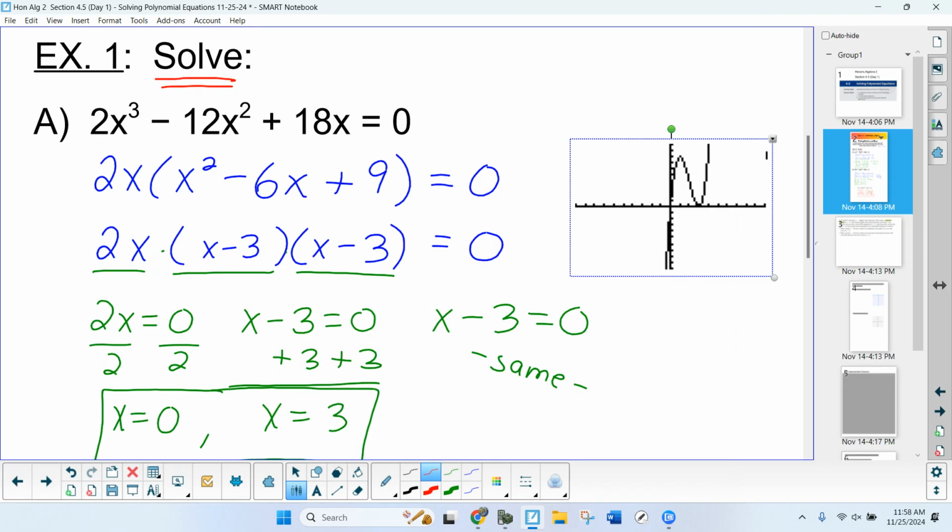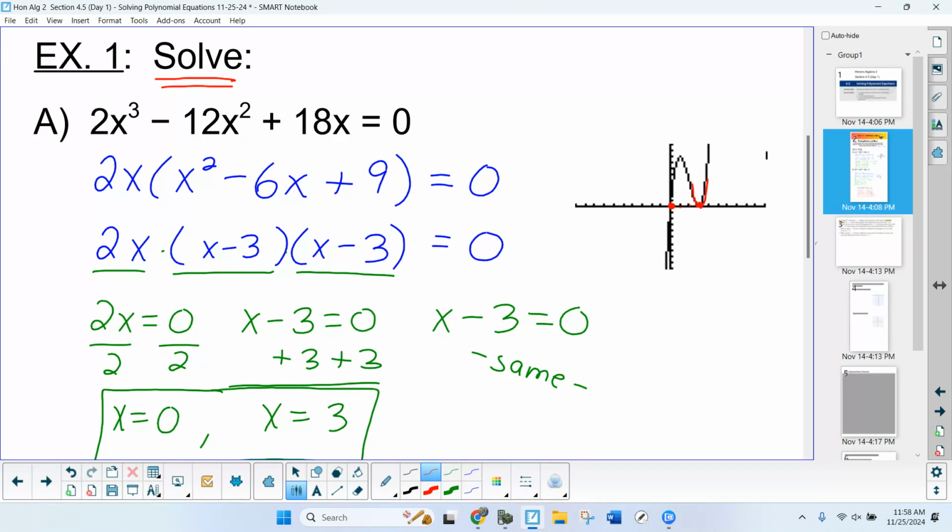You can see that my solutions, remember, the solutions, the zeros, the roots, they're all the same thing. This is which one? 0. And what's this one? Well, 1, 2, 3. So does my graph show that it's at 0 and 3? The only thing is, notice right here, it comes and it touches and it goes back up.